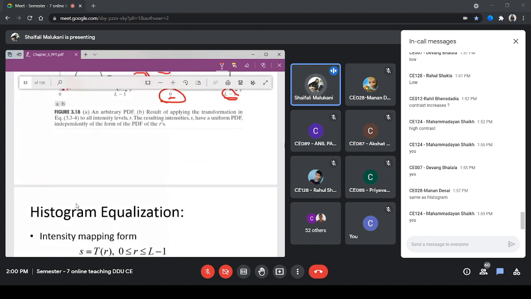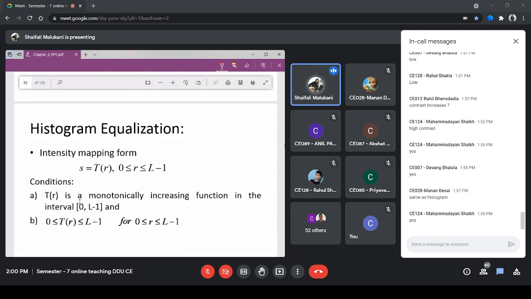Through research, it is given to us, and we are not going to prove it, that if T has two characteristics, then it performs histogram equalization. What are they? T must be a monotonically increasing function. Why so? We are not going to prove it, we are going to accept it.